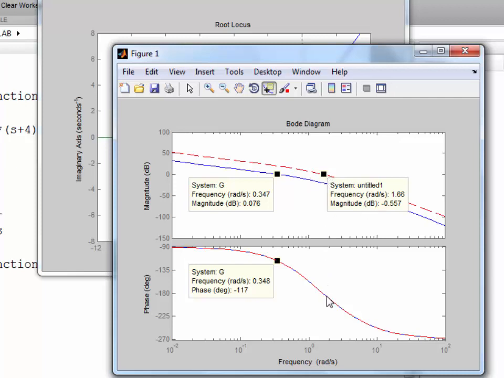And our phase at that frequency, you can see, is very close to minus 180 degrees. So here with our original system, the blue line, we had plenty of phase margin, 60 degrees of phase margin. When we increased K, we pushed the gain crossover frequency out to a point where we had less phase margin, and you can see we've basically put the system on the verge of instability. And this matches what was indicated from the root locus plot.